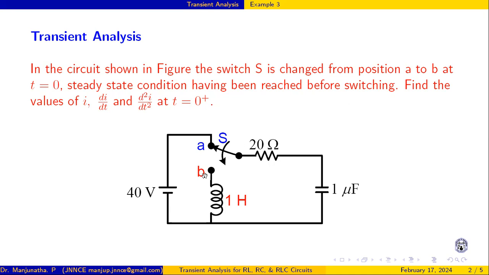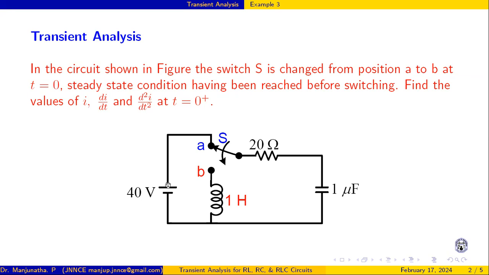Find the values of i, di/dt and d square i/dt square at t is equal to 0 plus. So this is what we have to find.